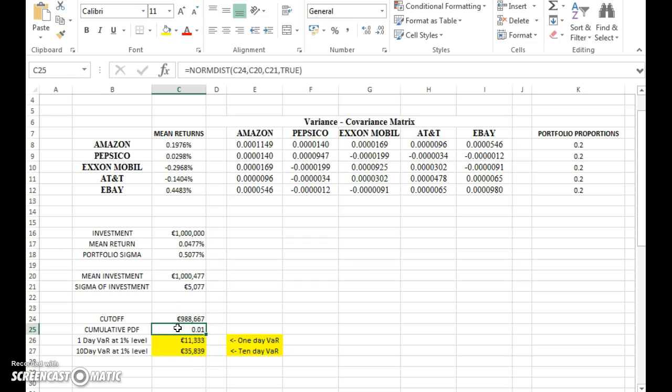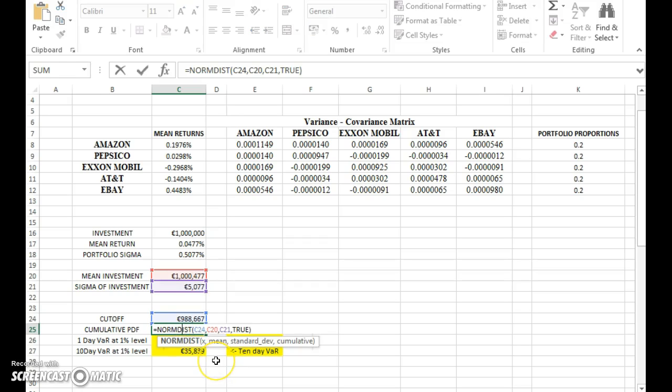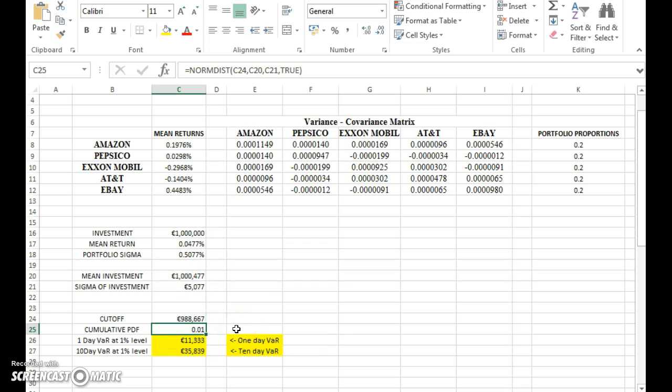So just to get the cumulative probability density function, we can simply enter the function NORM.DIST for the mean investment, the standard deviation on investment, and the cutoff point, and we enter true for the cumulative distribution function.